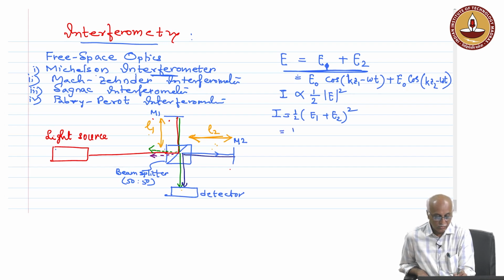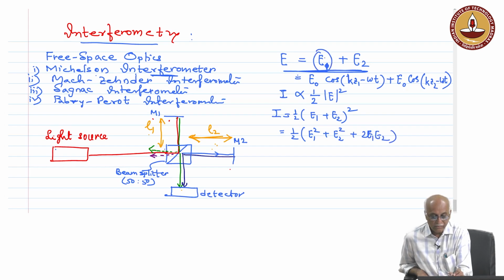When I expand this, it is half of E1 squared plus E2 squared plus 2 E1 E2. And we know the component E1 is nothing but E0 cosine(kz1 minus omega t), and E2 is E0 cosine(kz2 minus omega t). So you will see that component appear over here.